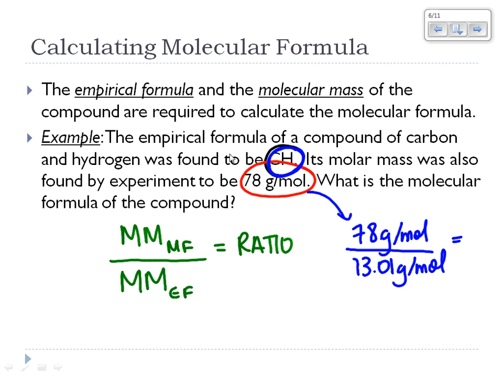If I do that, my ratio in this case is 6. What that means is you're going to take your empirical formula, CH, and multiply everything in there by 6. So it ends up giving you C6H6. That's your final answer for the molecular formula of the compound.